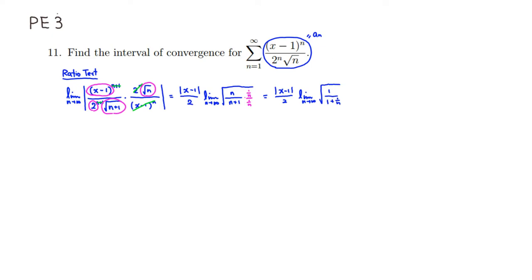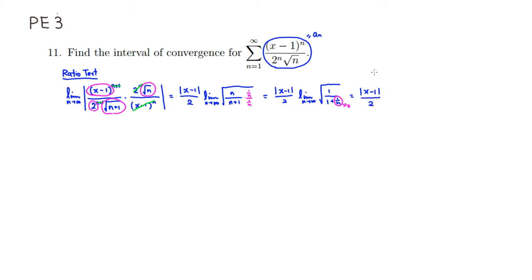Then you see that as n approaches infinity, 1 over n approaches 0. So this is going to go to 1. So what you get is simply absolute value of x minus 1, sorry, not 2, 1, over 2.